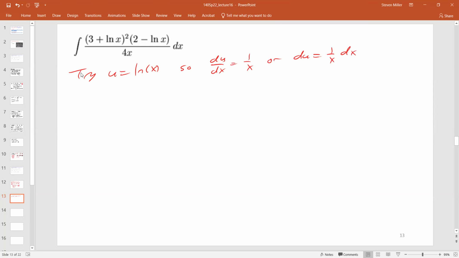I've got the 1 over x dx that I want to just substitute for. So our integral is going to be the integral of (3 plus u) squared times (2 minus u) over 4, and then dx over x is just du.